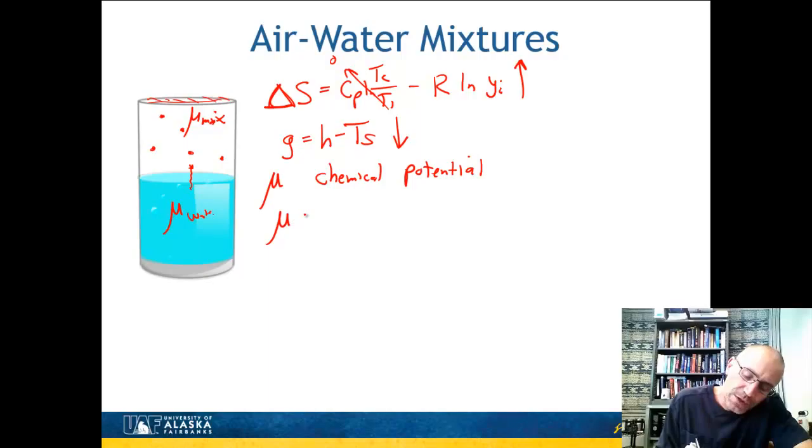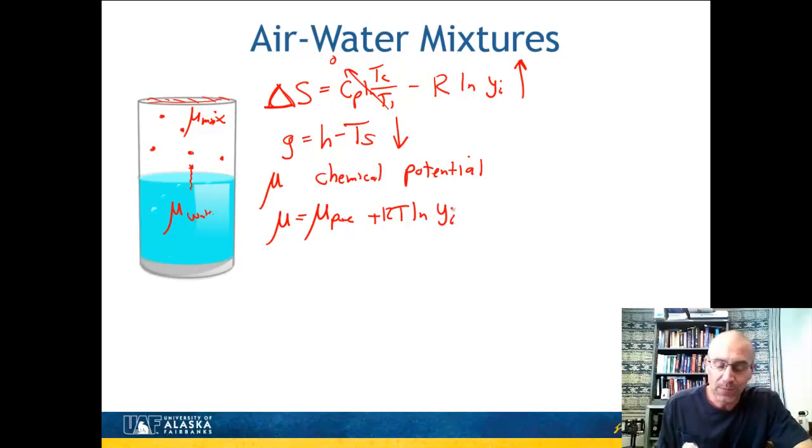And the chemical potential has two components. It's going to be that of the pure material, and then there's going to be an additional component that I add to it, which is equal to R T and the natural log of the mole fraction that's in it. And this is going to be a number between 0 and 1, which means that this chemical potential is going to decrease. It's very similar to the Gibbs free energy decreasing.